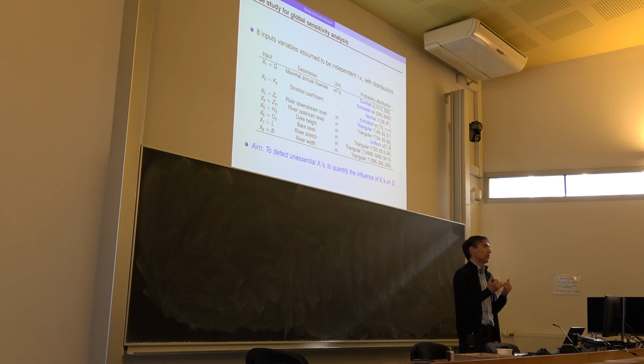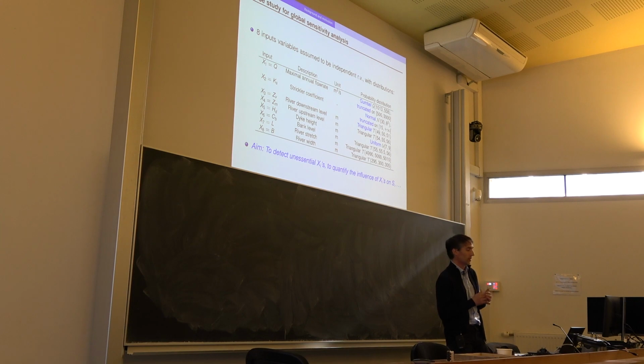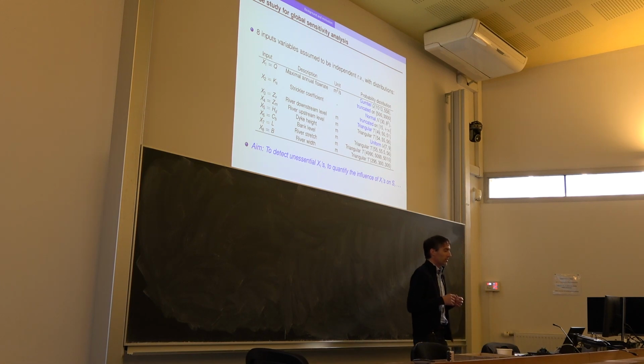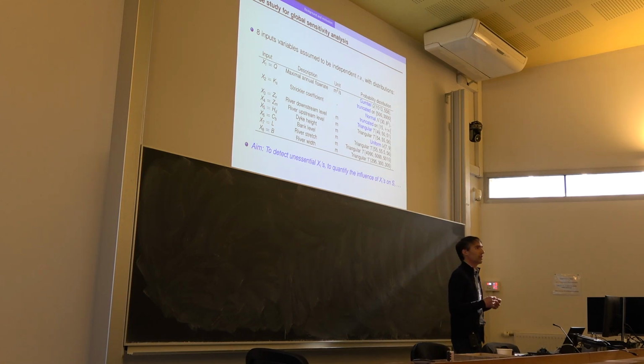This choice of Gumbel distribution is motivated by extreme value theory in probability. And so on. Based on statistics and some prior knowledge, engineers are able to give you that kind of information.